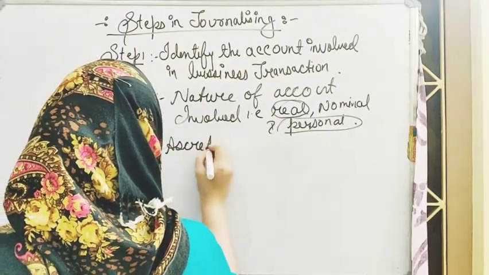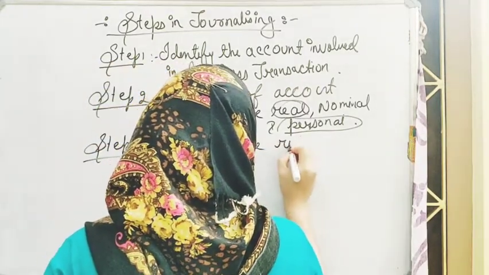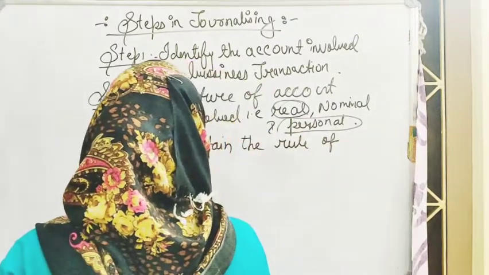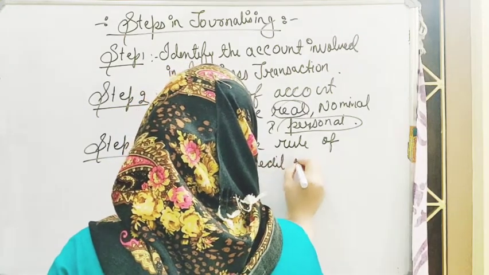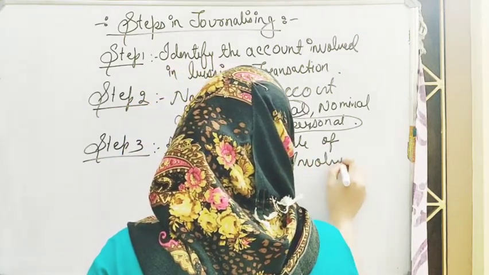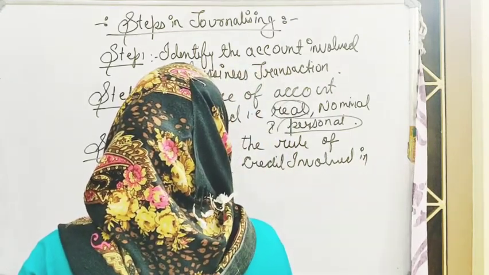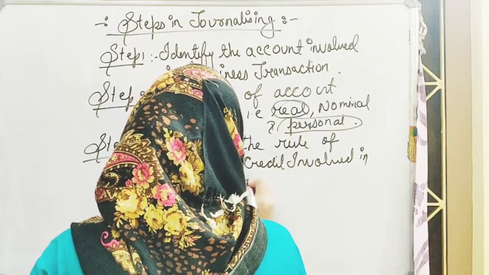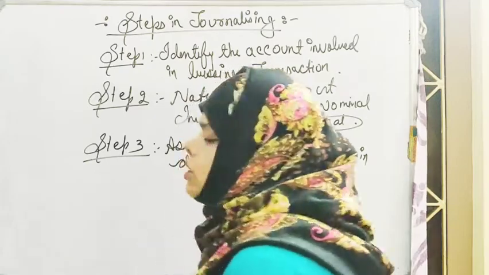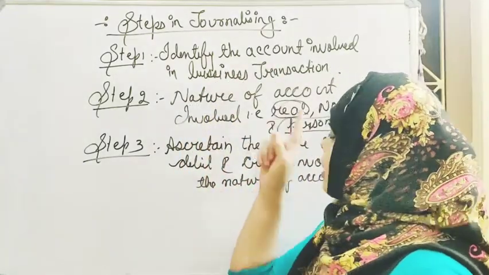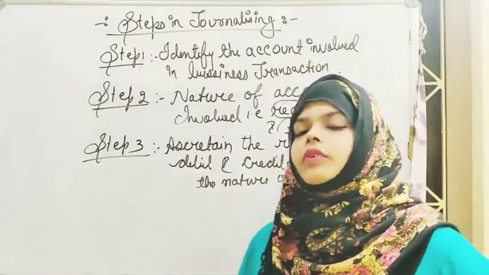Ascertain the rule of debit and credit involved in the nature of account. Now, what is the rule of debit and credit? For real accounts we have one rule, for nominal accounts a different rule, and for personal accounts another rule.